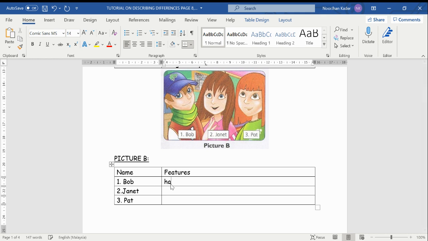So we type here: has got blue eyes. Second, Janet. What features does she have? Janet has got brown hair. In picture B, Janet has got brown hair.